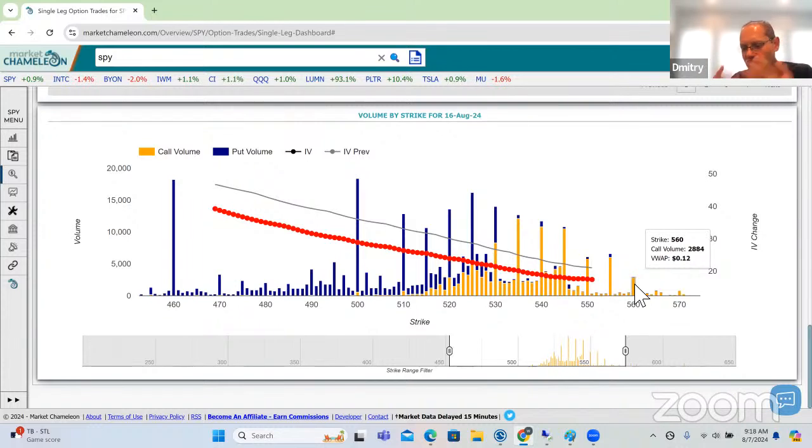What does the skew of the implied volatility look like around the strikes near the money? Is it going up, going down? So that's the other question we may have. Here's the volume. How are the options impacted? Well, that's what these two lines are. Those are the implied volatility lines.